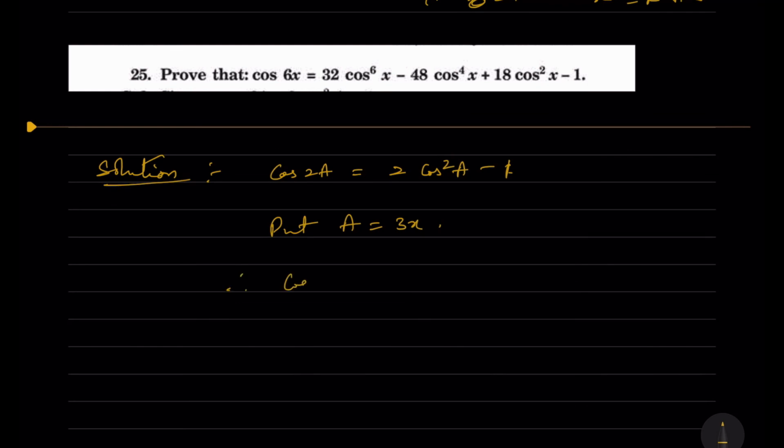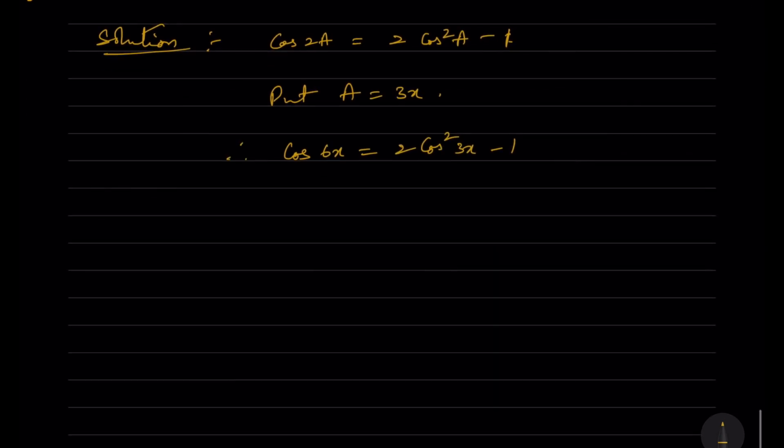Therefore cos 6x is equal to 2 cos square 3x minus 1, which is equal to 2 into, cos square, this is cos square 3x, isn't it? So you have to write cos 3x and then the whole square of this.